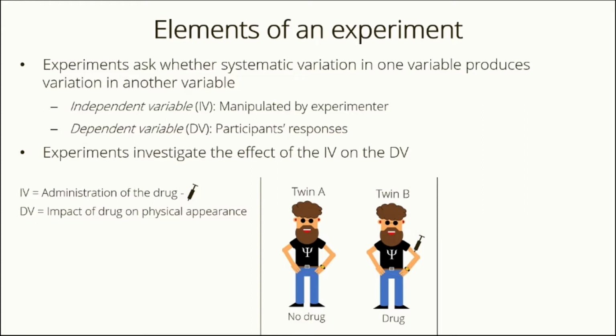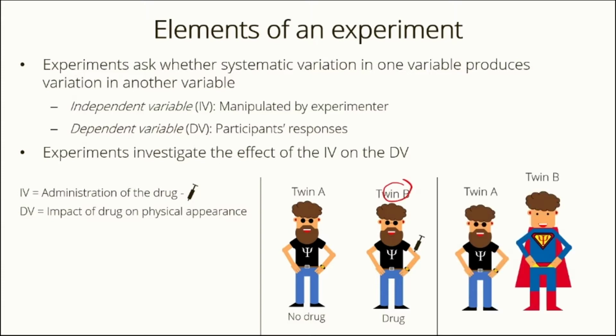So we've manipulated this by giving the drug to twin B and no drug to twin A. And we can see here that the outcome is that it does have an effect on physical appearance.